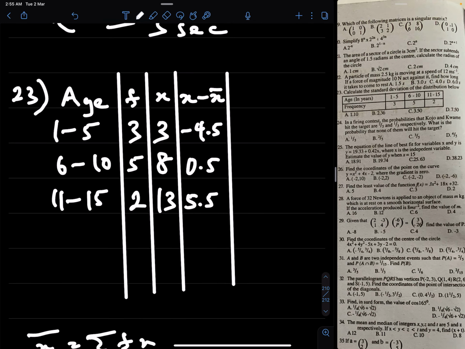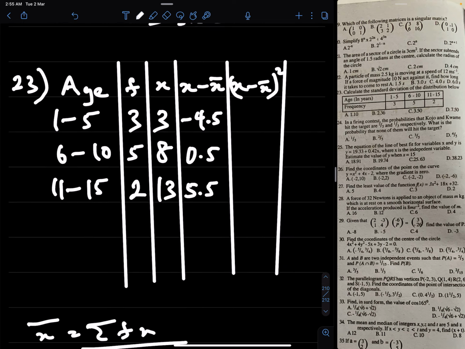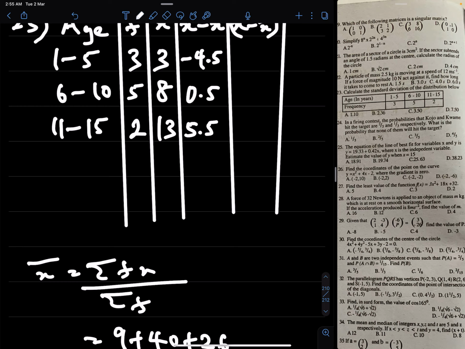Now I need another column for the square of x minus mean, which is 4.5 squared, and that's 20.25. 0.5 squared, which is 0.25, and then 5.5 squared, which is 30.25.